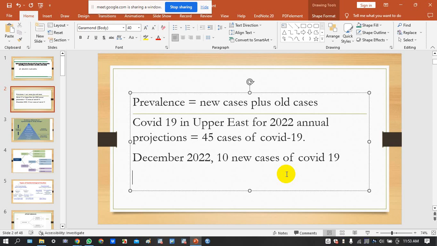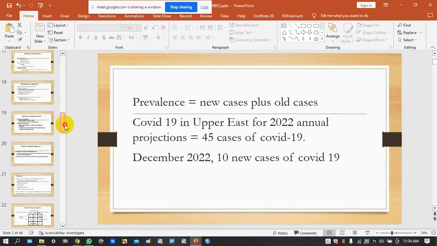Okay, so that means that for the prevalence, you have to add the incidence and the old cases. So prevalence has to do with old cases and new cases, but the incidence is only new cases. Okay, so you have all done well. Thank you very much. Let's continue.